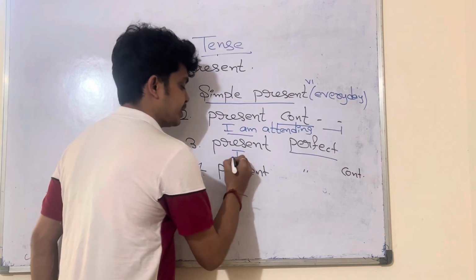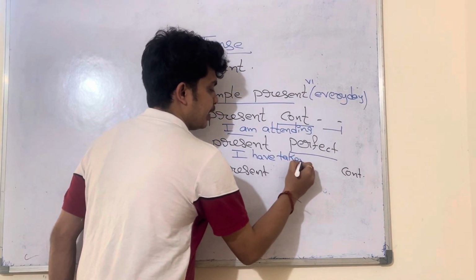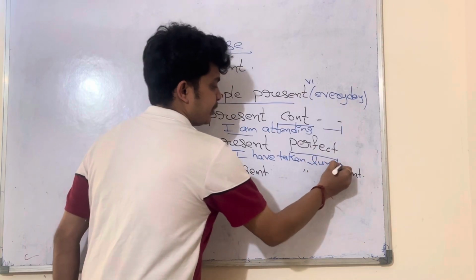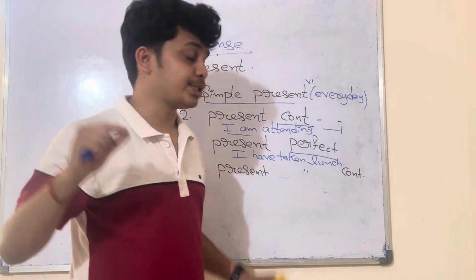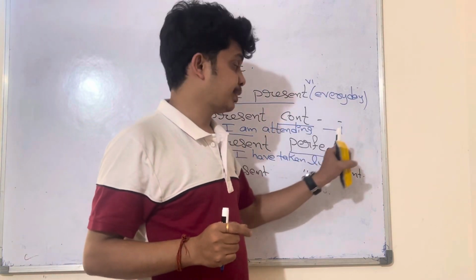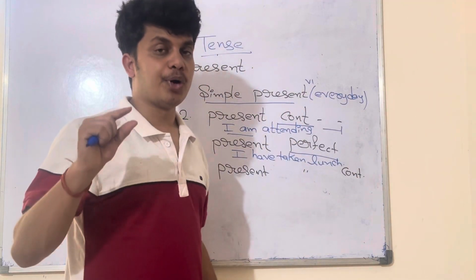So you can use the sentence, I have taken my lunch. It means in the continuous you were taking your lunch. So the ongoing action which got completed comes under present perfect.